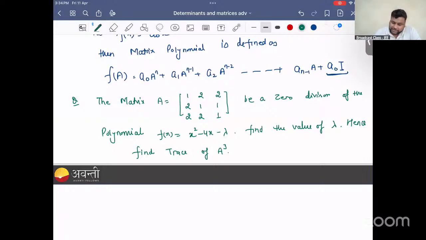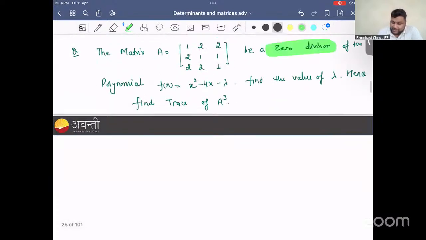So, first of all, there is a term which might be new for you, zero divisor. Zero divisor means if I place this matrix into this equation after making it matrix polynomial, this will satisfy. So what will be matrix polynomial?